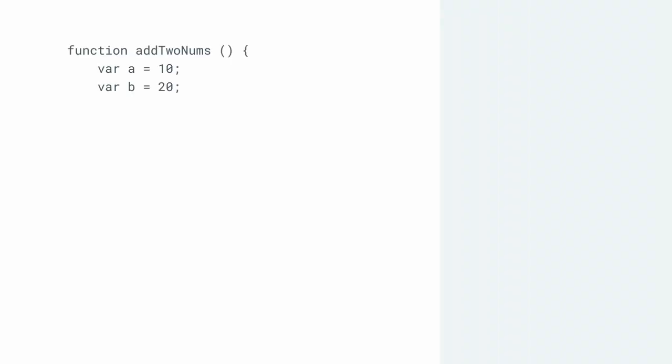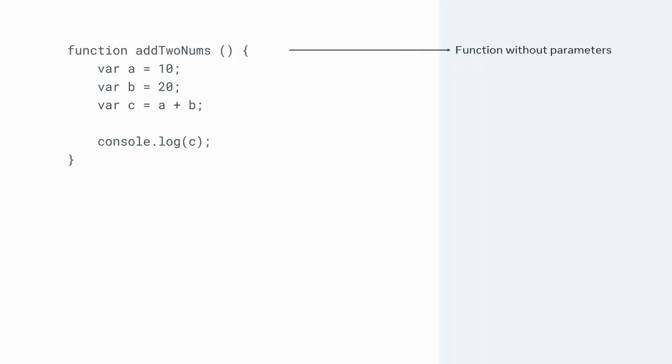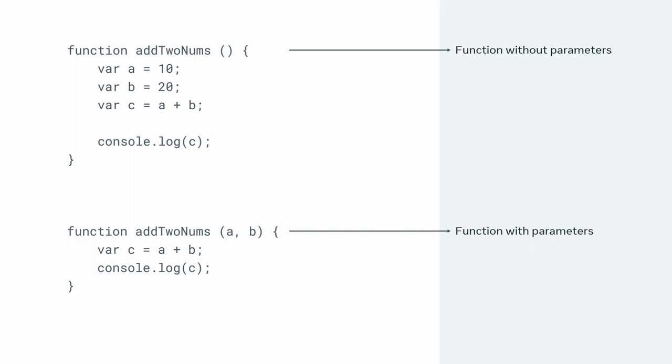In this lesson, you learned about functions in JavaScript. First, you created a function without parameters and assigned fixed values inside the body of the function itself. Then, you learned about function parameters to pass values to functions. It's important to remember that function parameters act sort of like variable names.